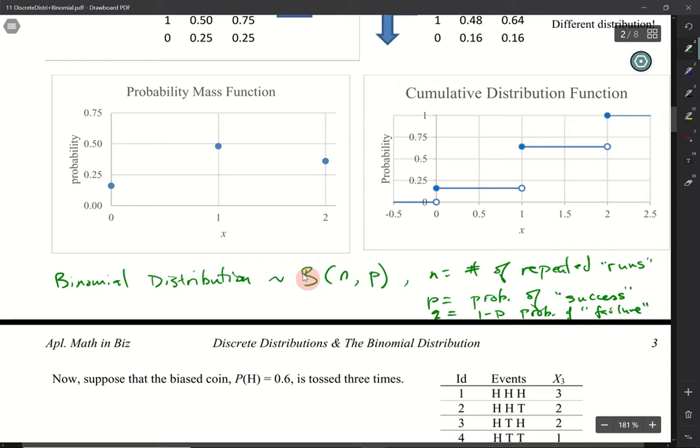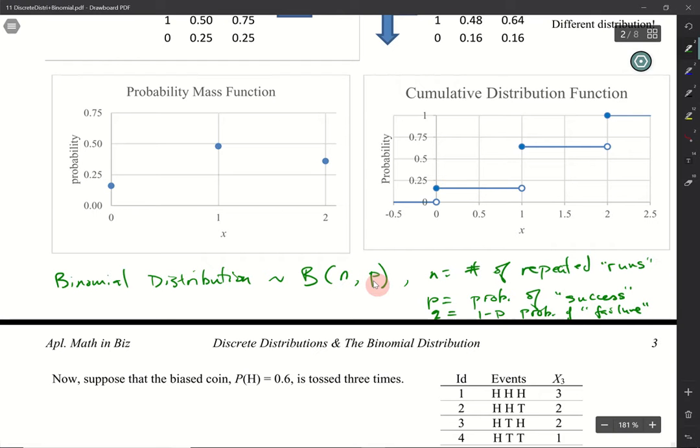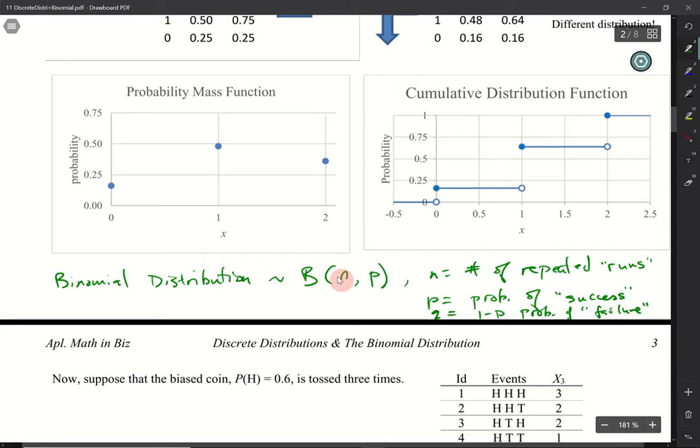And so in this very compact notation, as soon as you talk about the binomial distribution, you're instantly talking about this underlying experiment, the coin toss, heads or tails, and you're talking about repeating that a certain number of times.